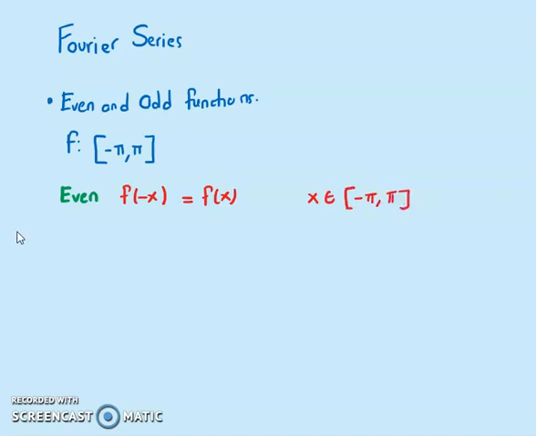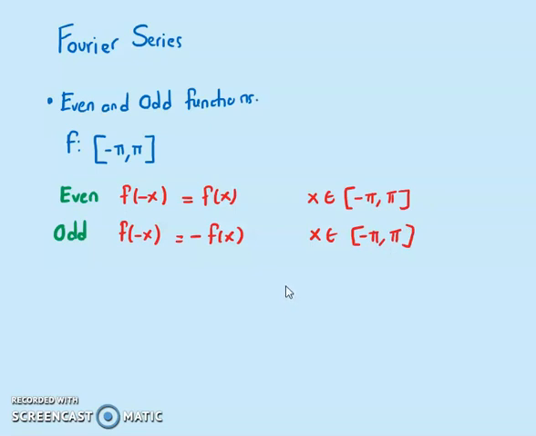On the other hand, we say the function is odd if f of negative x equals negative f of x, and similarly x is in the interval negative pi to pi.